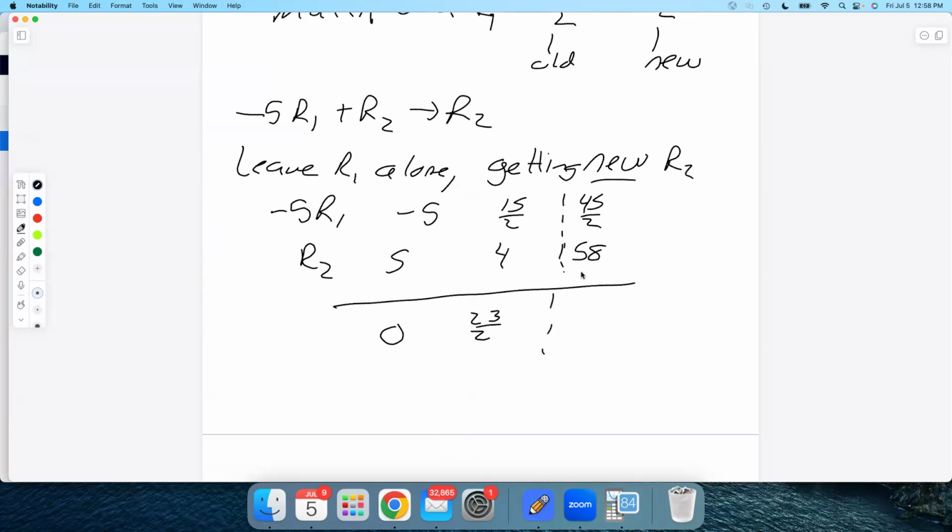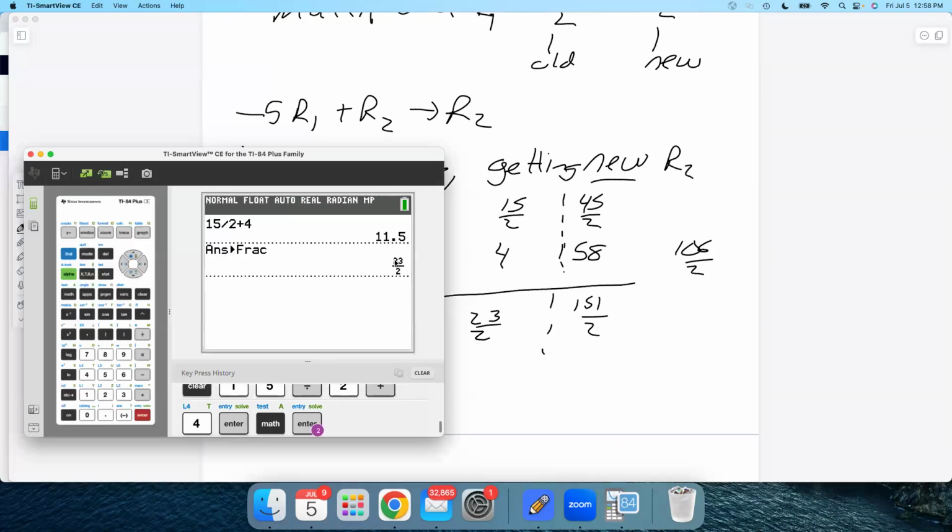Same thing here. If I don't feel like doing that, I could look at that and go, oh, well, that's 106 over 2. So that would be, I think, 151 over 2. But let's check it. 45 over 2 plus 58.